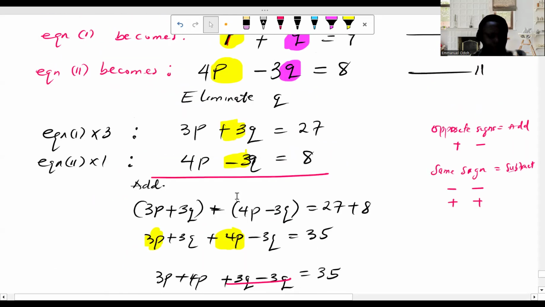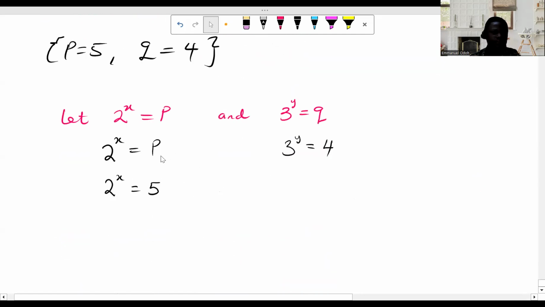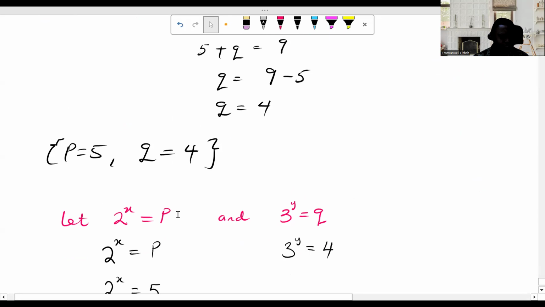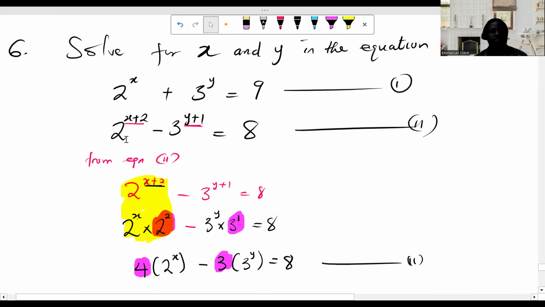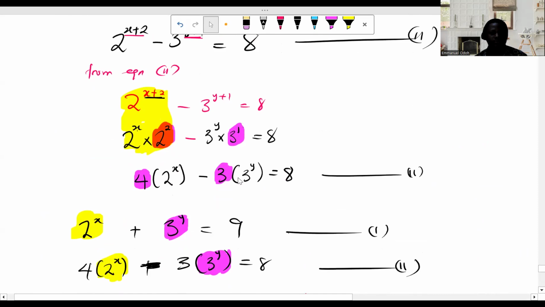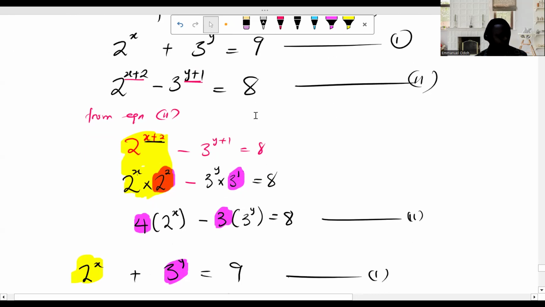Okay, let me see. These equations are looking somehow difficult. So let's check, did we make any mistake while making substitutions? Okay, it's correct.